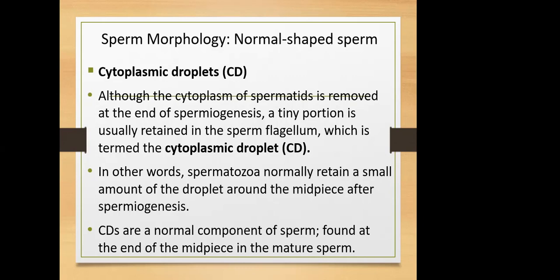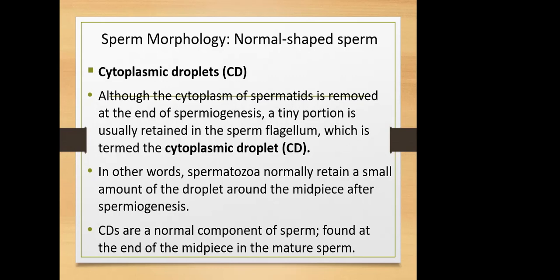And we said that during spermiogenesis, the early spermatids, which are rounded, will undergo these cytoplasmic changes. By the time it is finished, it will become a late spermatid, which will become like the normal sperm that we know, elongated.